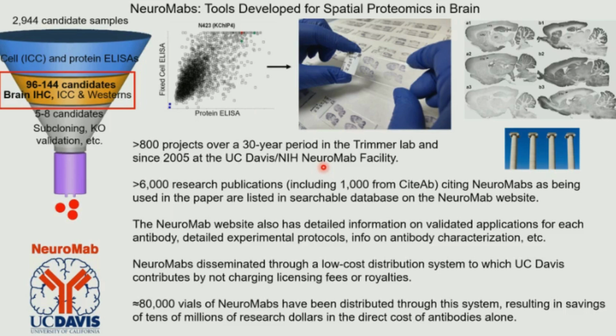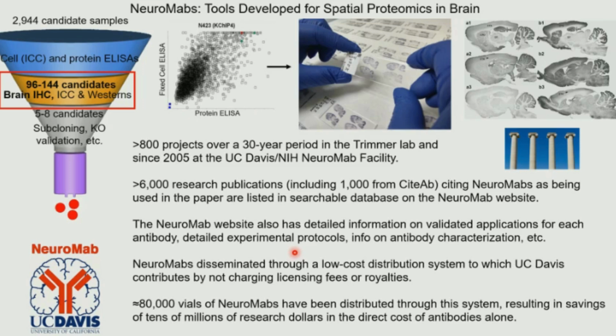This has led to a fairly extensive catalog, not extensive in terms of a lot of the participants in this conference, but for an academic group, it led to many research publications. We have a website that chronicles all these in a searchable database. We also provide detailed information on the characteristics of the antibodies, how they've been validated, what they passed, what they failed.